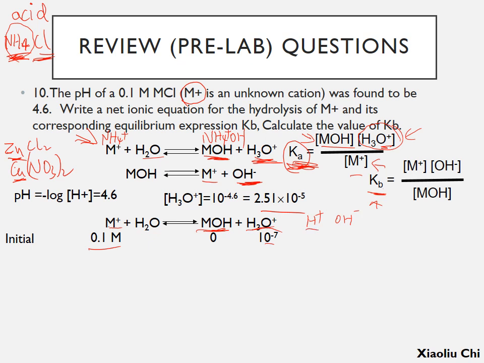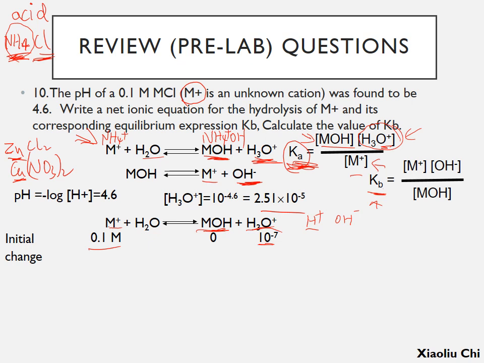Both are 10 to the minus 7. So this is a very small number, and it shouldn't affect the reaction, but we can write it here. Now you don't have to write it because it's so small. Now that's the initial concentration before the reaction.